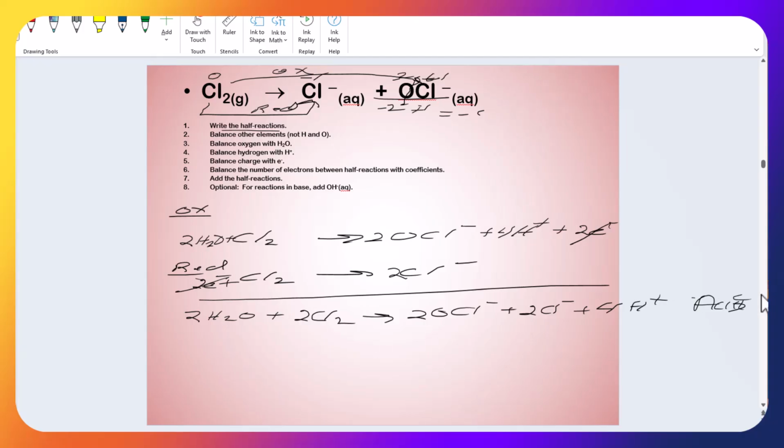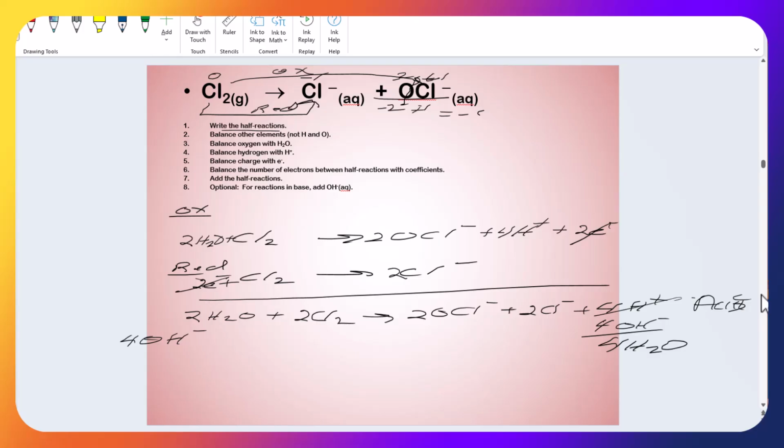Just like before, we're going to neutralize the H plus by adding 4 hydroxide ions. That's going to give us 4 H2Os. We have to do the same thing over here, add the 4 hydroxide ions, because you can't do something to one side and not do the same thing to the other side.